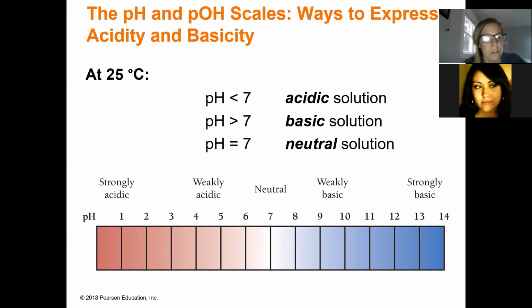So in a pH solution, 7 is neutral. As the number gets lower, you become more acidic. You have a higher acid concentration. As your number gets higher, you become more basic. So if I said something has a pH of 3.2, that would be acidic. If I said it had a pH of 11, that would be basic. A pH of 7, right in the middle.